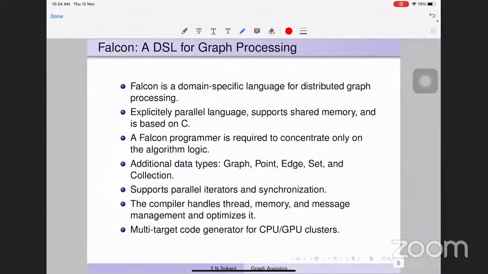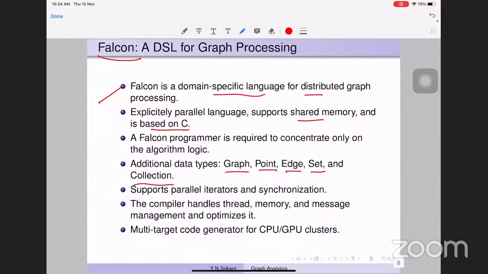So one simple example is our language, which we call Falcon. It is a domain-specific language for distributed graph processing. It is based on C. It supports shared memory, and it has a graph data structure, point data structure, edge data structure, set data structure, collection.